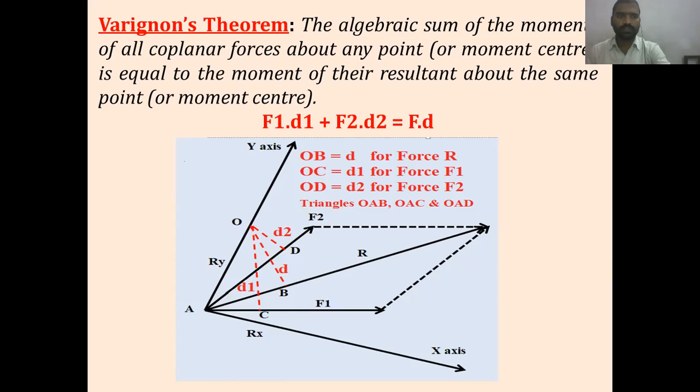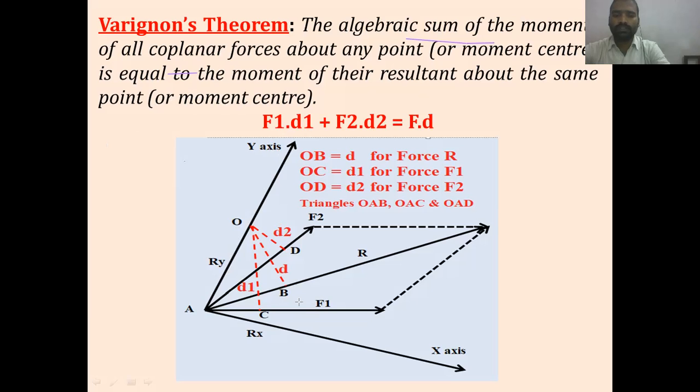In the last class, we saw the introduction, that is the derivation of Varignon's theorem. What Varignon's theorem says is: the algebraic sum of the moments of all the coplanar forces about any point or moment center is equal to the moment of the resultant about the same point or moment center.